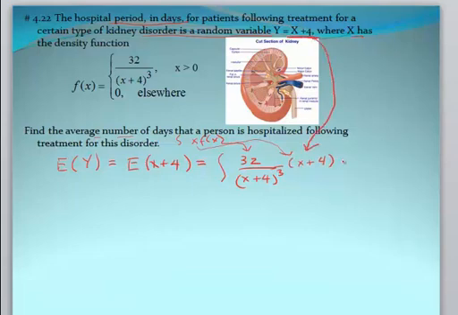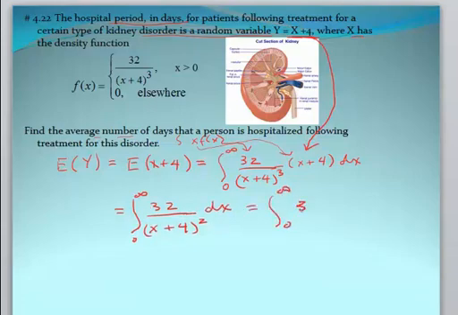So there you go, it's x plus 4, and then times dx, and we're going to integrate it between 0 and infinity, right? So what we're actually looking for, these two nicely cancel out, so it's going to be 32 over x plus 4 squared dx, integrating from 0 to infinity, 32 times x plus 4 to the minus 2 dx.